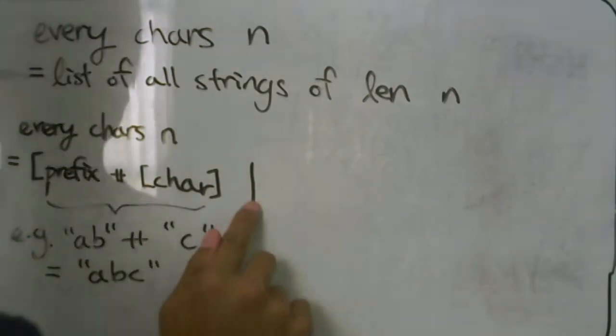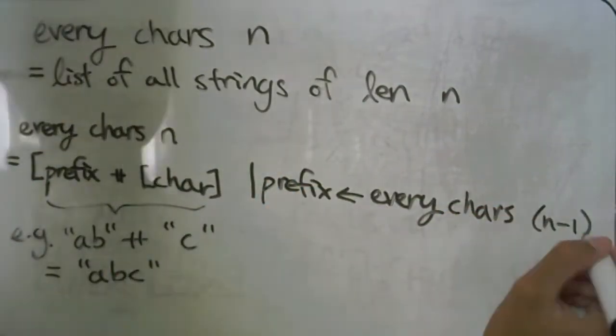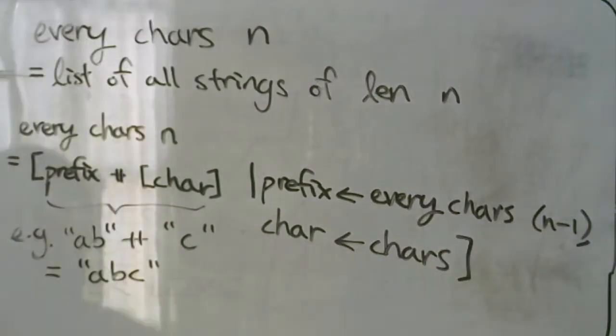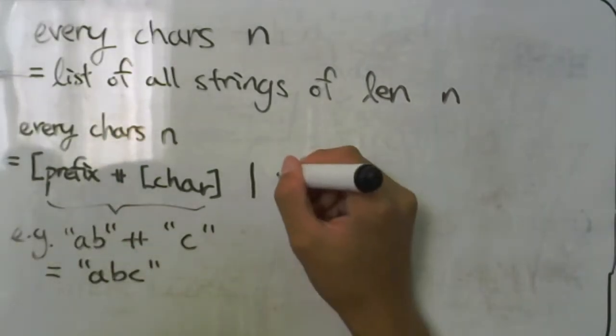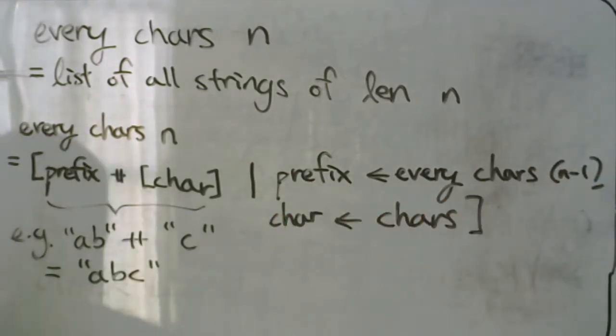So this is what it's going to look like. It's going to look like prefix, a string of length n, prefix, concatenated with a string with a single character in it. And the double plus is concatenation, or for those familiar with it, you may know it as cat.